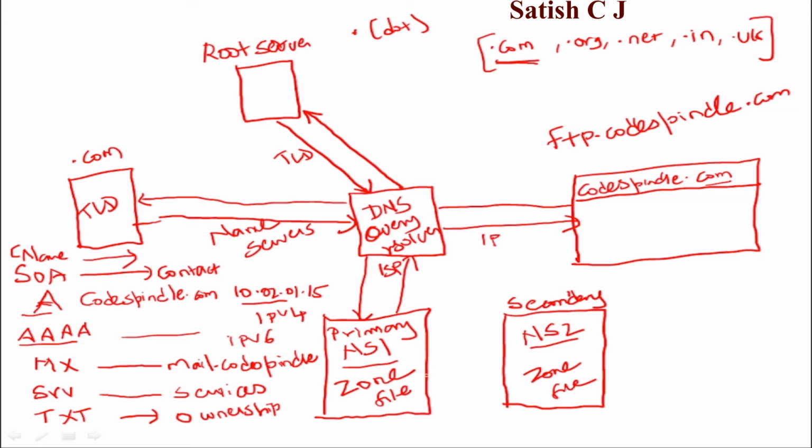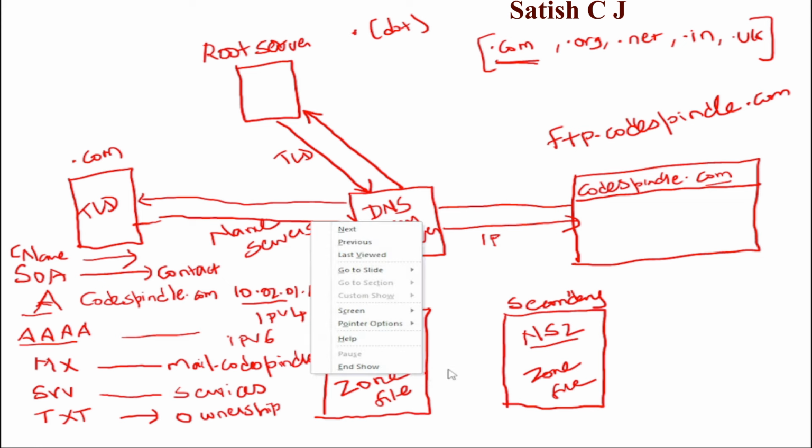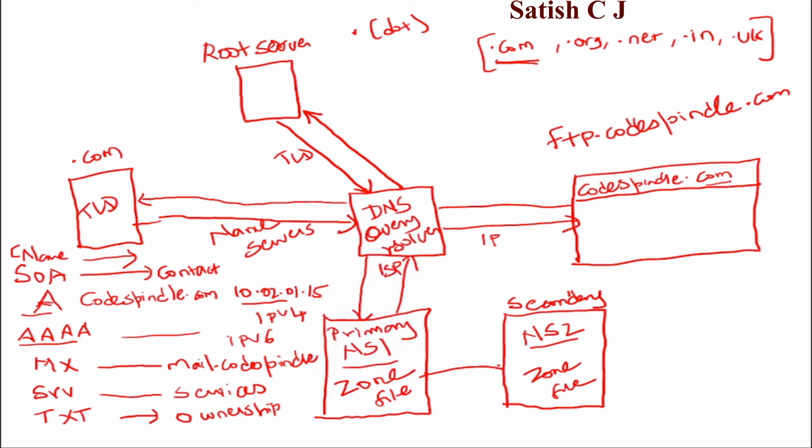So this zone file should be transferred from the primary server to the secondary server, so that the secondary server maintains an exact copy of the zone file. Keep in mind, you can update the DNS records only in the primary server. In the secondary server, we allow only read. So here we can read information, whereas if you want to update and read, you go with the primary server.